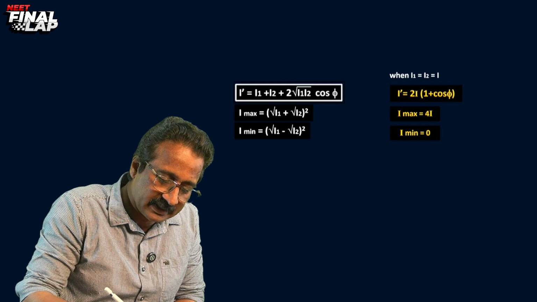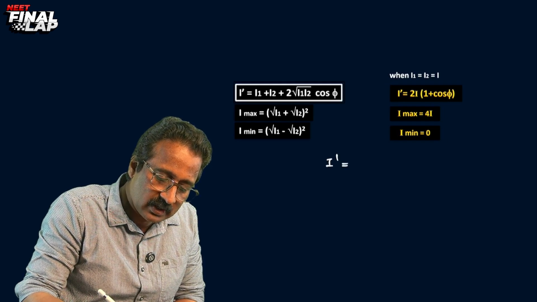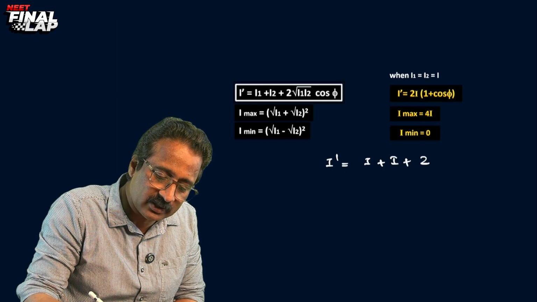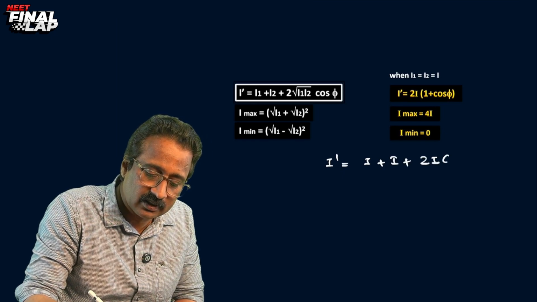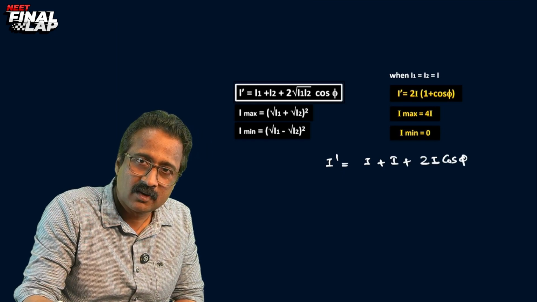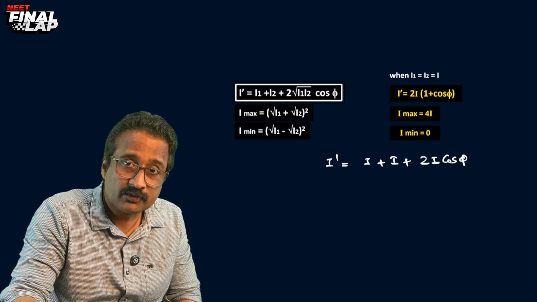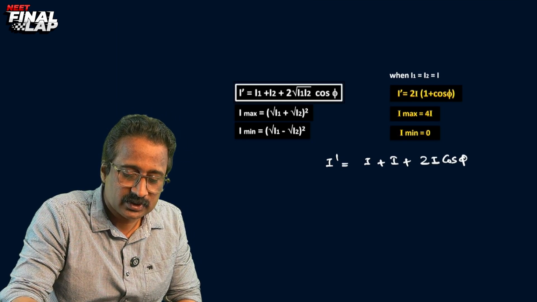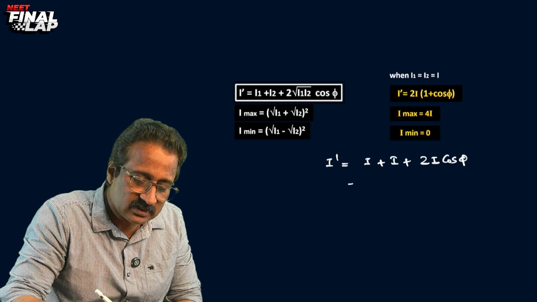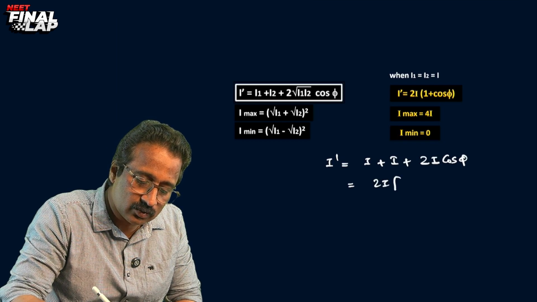Because this I dash will be equal to I1 is I, I2 is also I, plus 2 root I1 I2 will become 2I into cos phi. That's the way when you have two slits of equal intensity as used in YDSE. So this reduces to 2I into 1 plus cos phi.